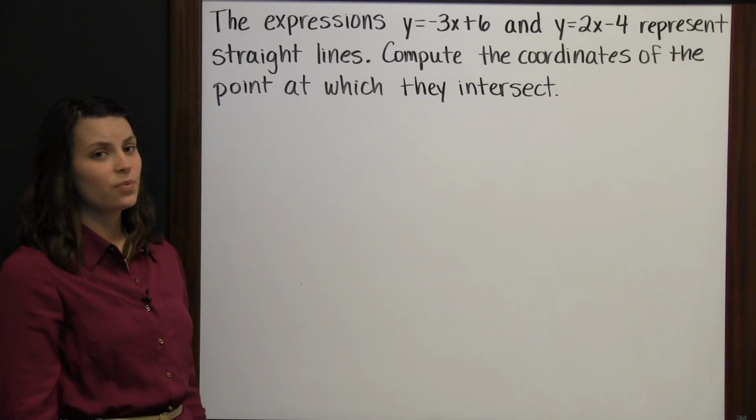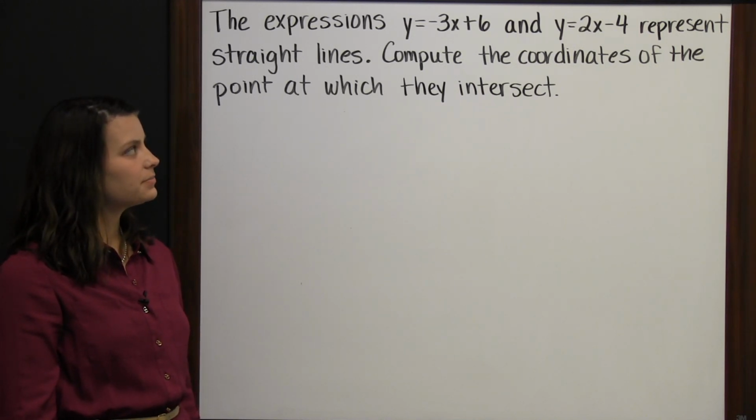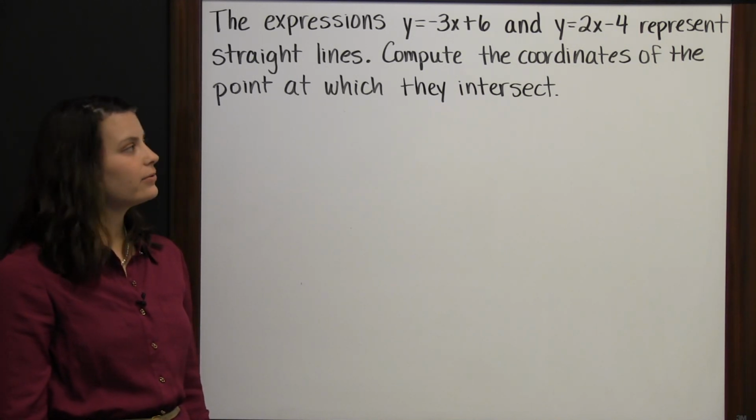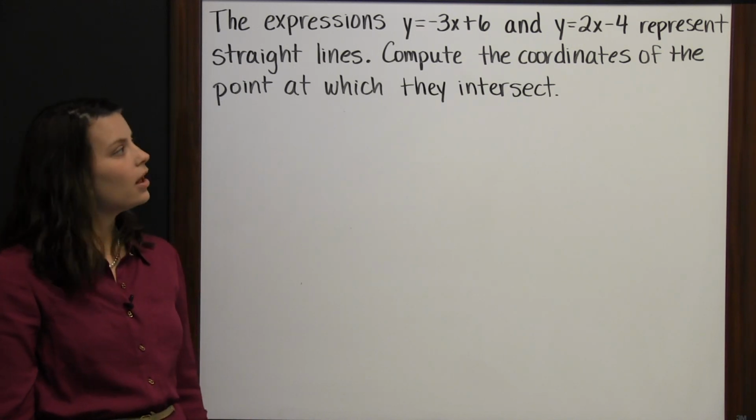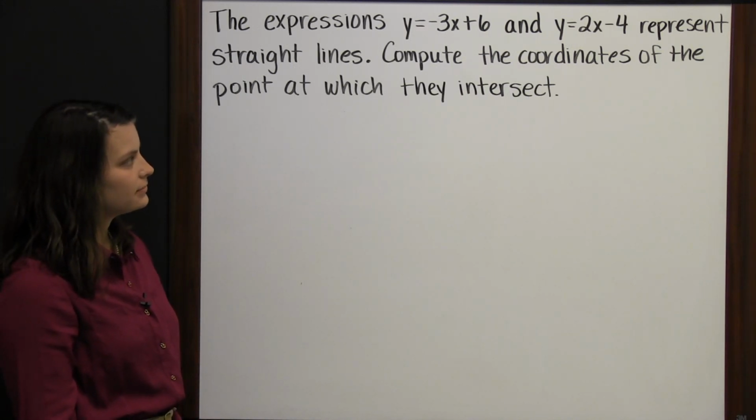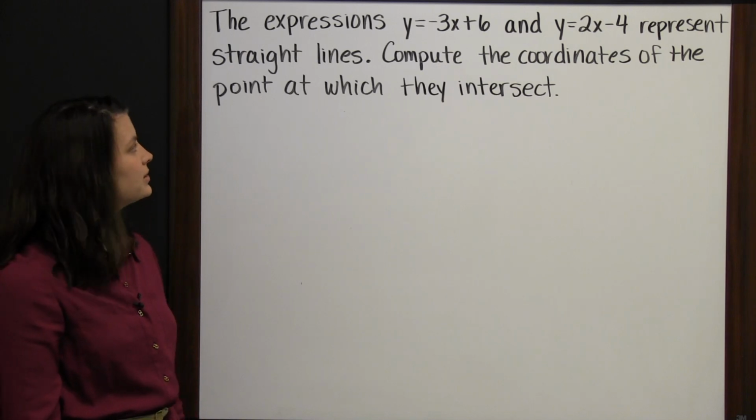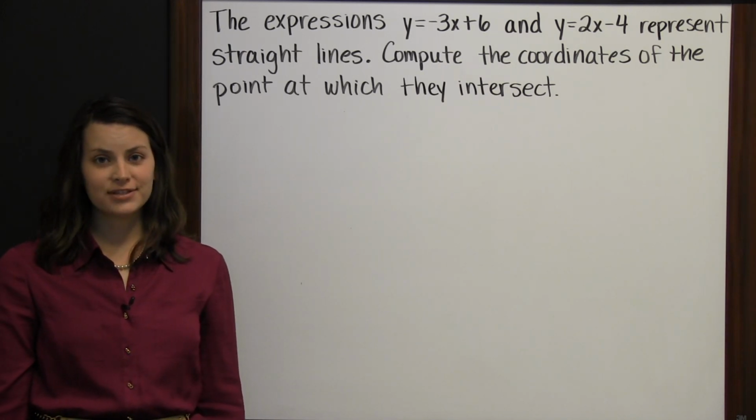The expressions y equals negative 3x plus 6 and y equals 2x minus 4 represent straight lines. Compute the coordinates of the point at which they intersect.